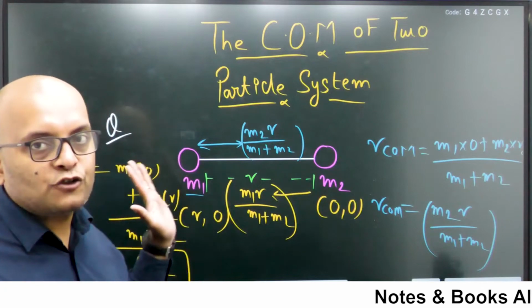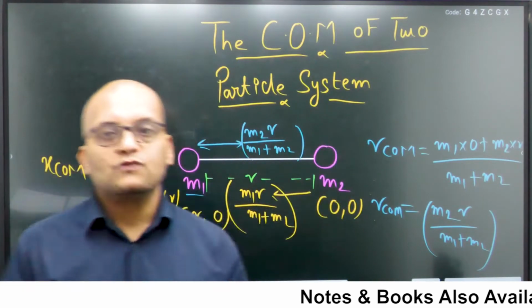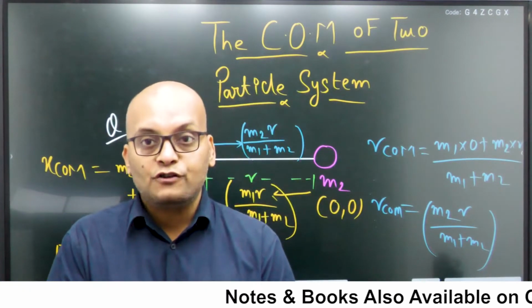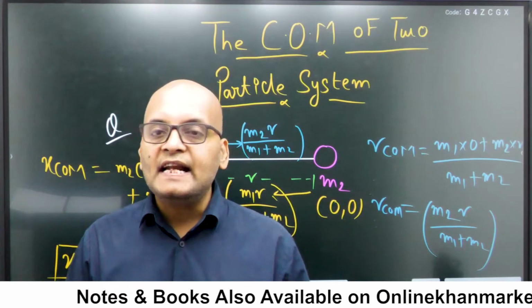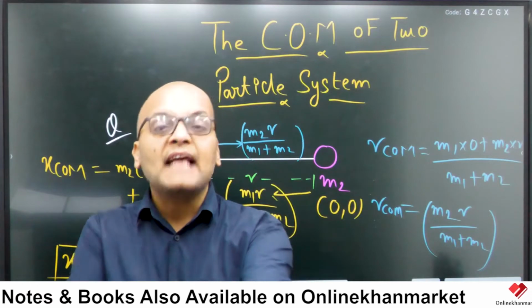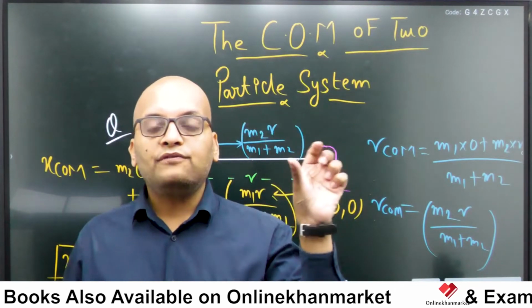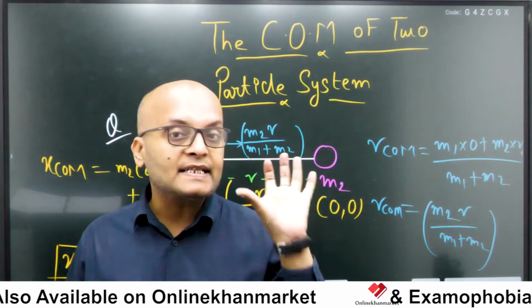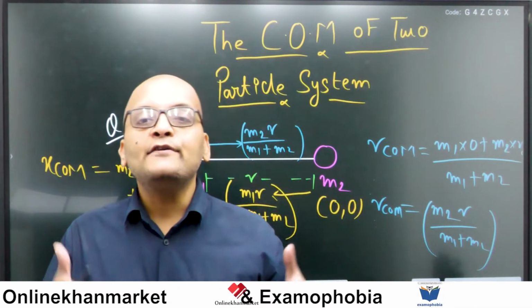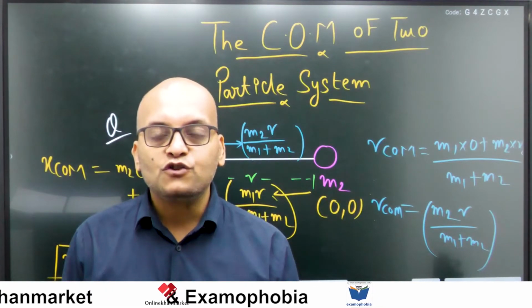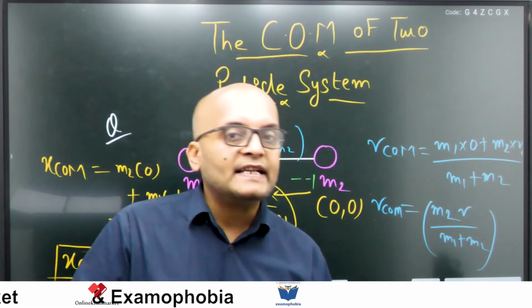Is this concept clear to us? Whenever a system of two masses, a two particle system, is provided to us, I can tell exactly the center of mass of the system with reference to any of the particles. That's what I did here.